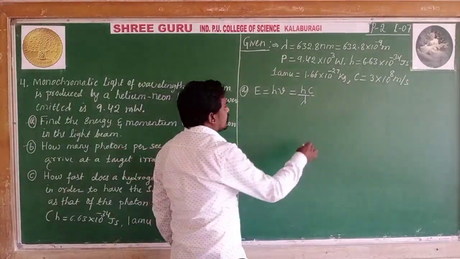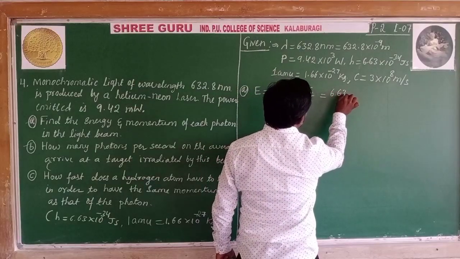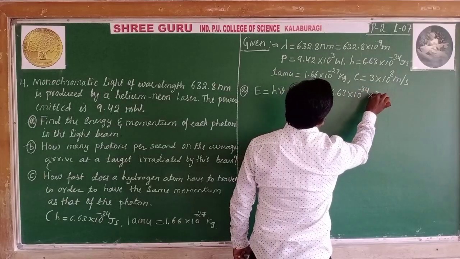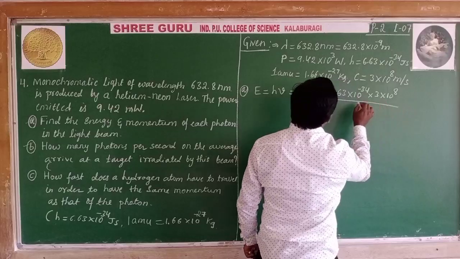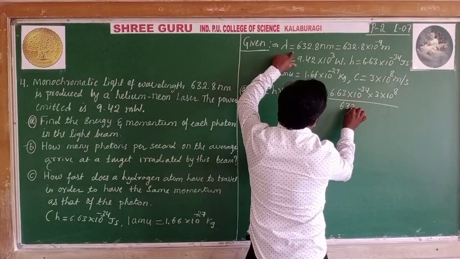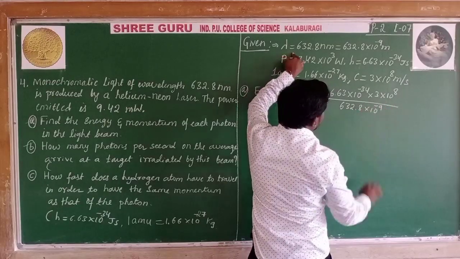Now just substitute the values. h, the Planck constant, is 6.63 into 10 raised to minus 34, and c is 3 into 10 to the power 8, divided by lambda, the wavelength, 632.8 nano, that is 10 raised to minus 9 meter.